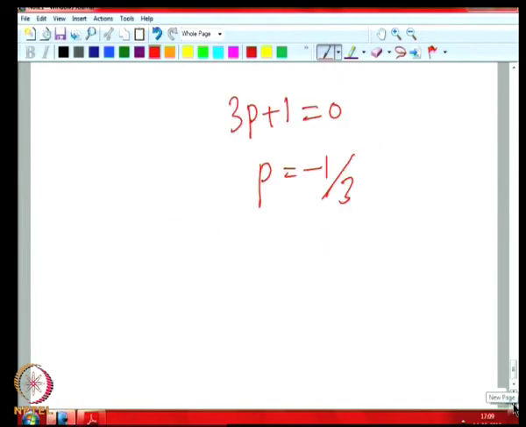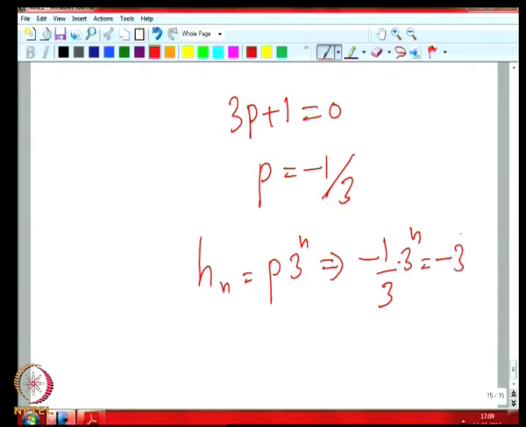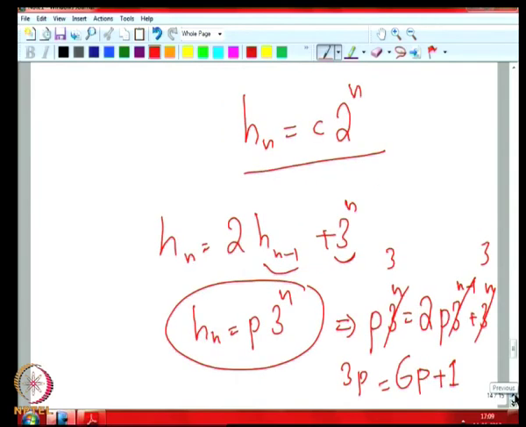So what will hn be then? hn equal to p times 3 raised to n, that is minus 1 by 3 into 3 raised to n, that is minus 3 raised to n minus 1. This will be the particular solution. If you want to check whether it is working, minus 3 raised to n minus 2 here, and then minus 3 raised to n minus 1.